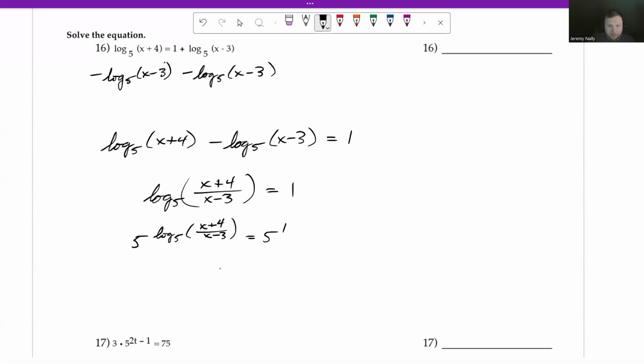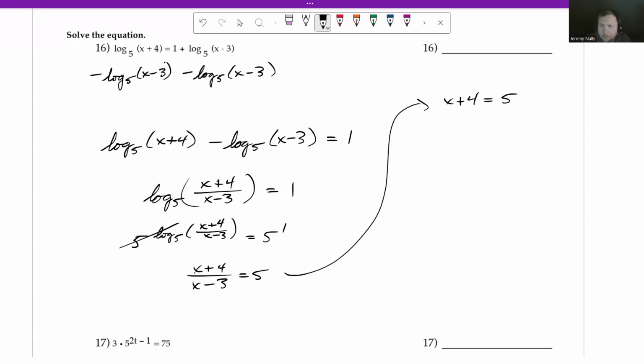Then these cancel out, and I have x plus 4 over x minus 3 is equal to 5. And now I just solve this. I multiply both sides by x minus 3, so I have 5x minus 15.